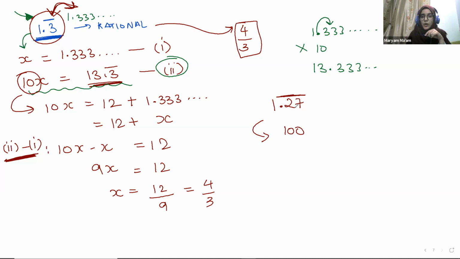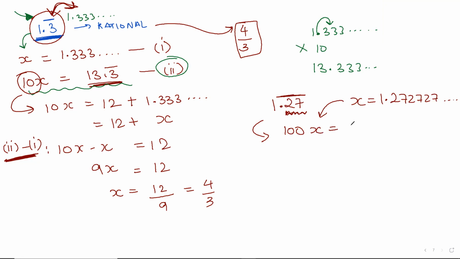Why 100? Because you have two digits that are repeating, 27. So x is equal to 1.272727 and so on. You multiply this with 100, you have 100x is equal to, now can you tell me, Zoya, what should I write on the right hand side?